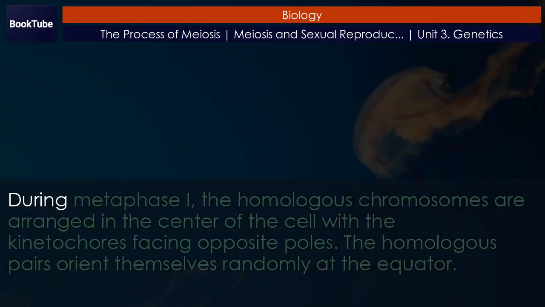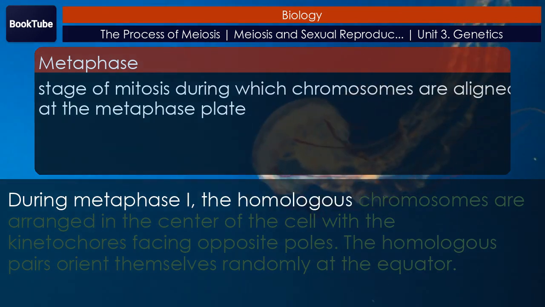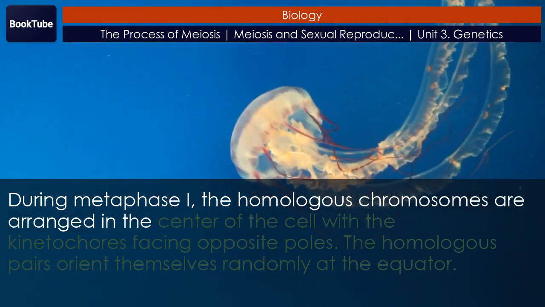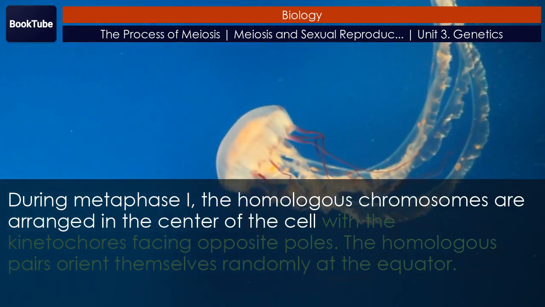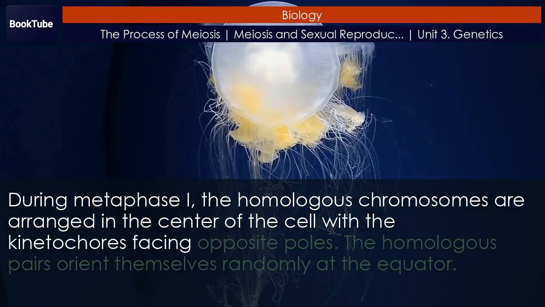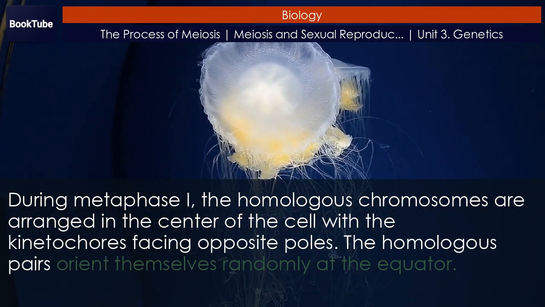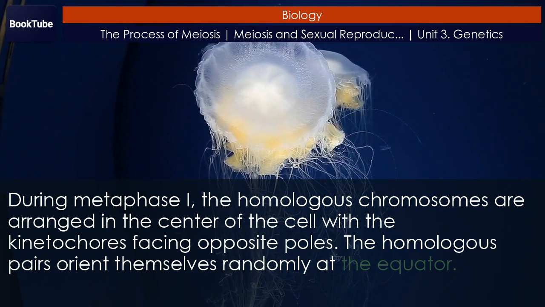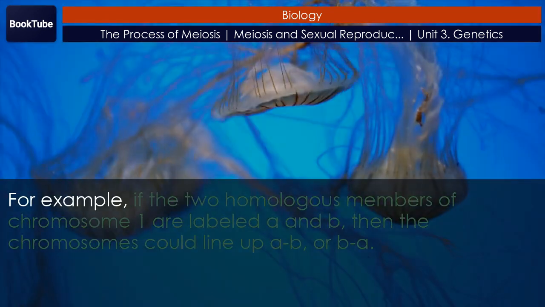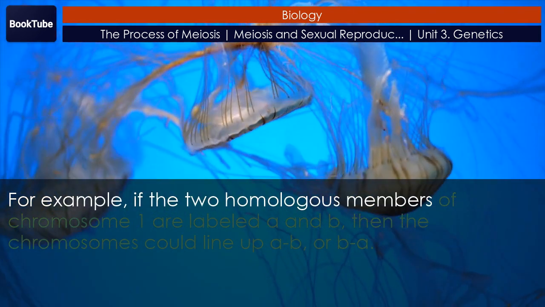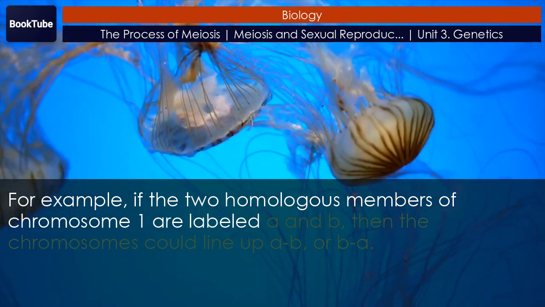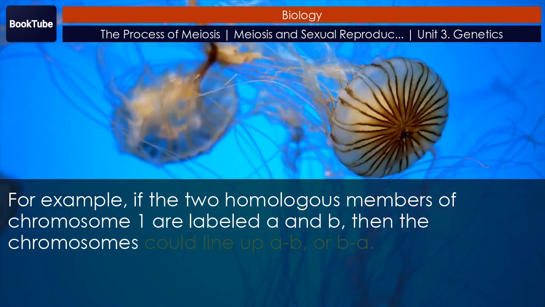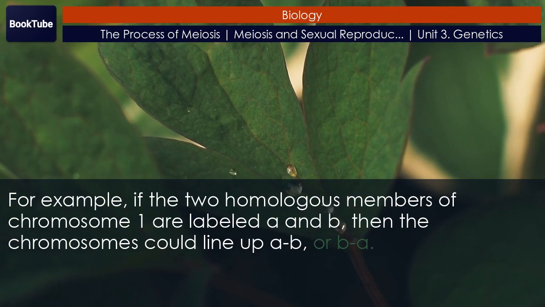Metaphase I. During metaphase I, the homologous chromosomes are arranged in the center of the cell with the kinetochores facing opposite poles. The homologous pairs orient themselves randomly at the equator. For example, if the two homologous members of chromosome 1 are labeled A and B, then the chromosomes could line up AB or BA.